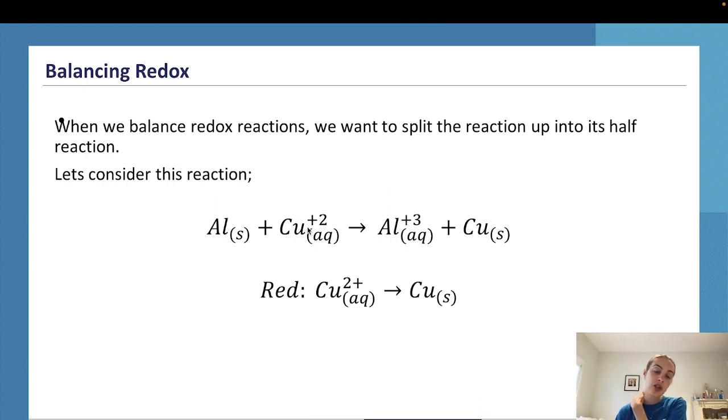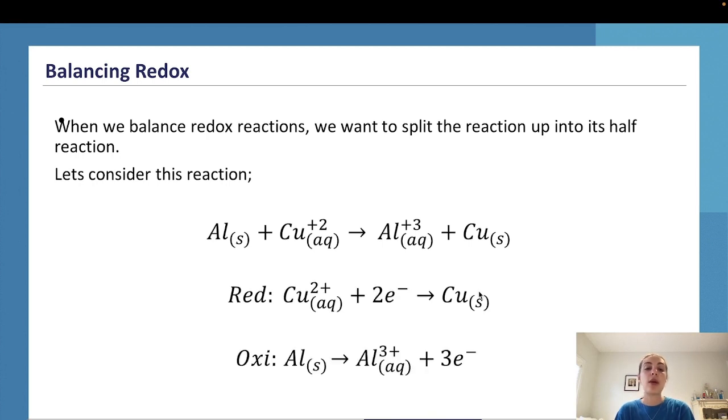So its oxidation number is going from +2 to 0, hence it is gaining 2 electrons, remembering that electrons have a negative charge. So by gaining 2 electrons, it's going from +2 to 0. The gaining of electrons is reduction, and we're going from copper 2+ to copper solid. So we can write that as our reduction reaction.